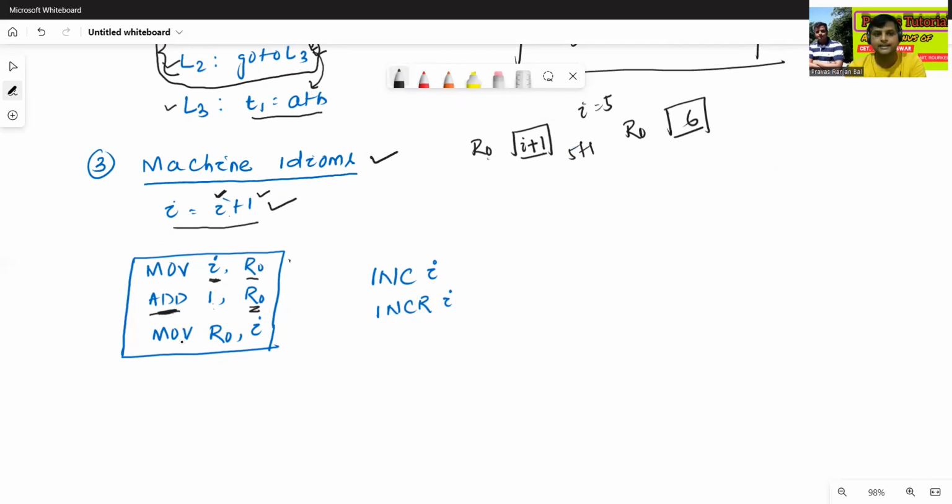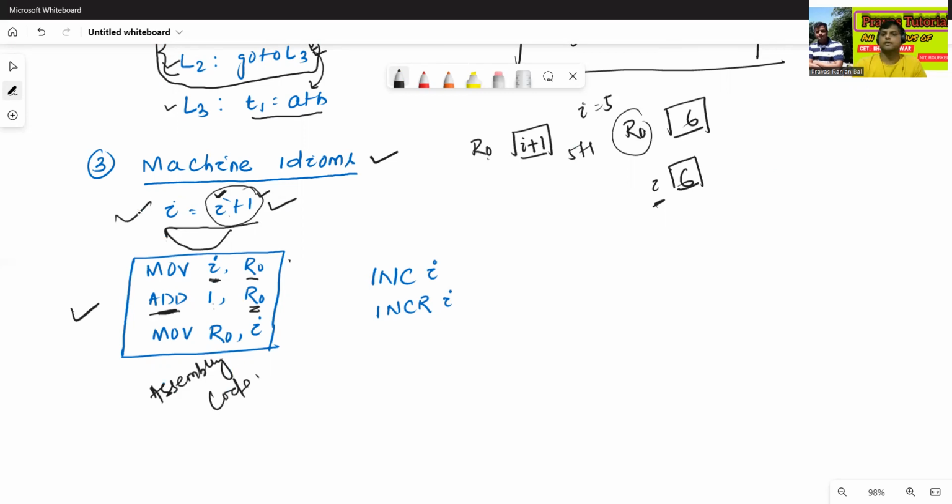After adding, we move R0 value in I, meaning this I plus 1 value. So this R0 value, 6, is assigned in I. So this is the assembly code for I equals I plus 1.